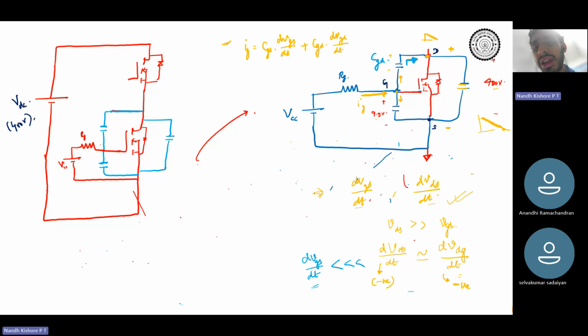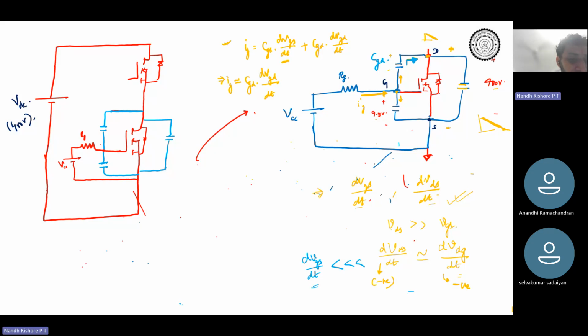Now we told that dVGS by dt is very small compared to dVGD by dt because the drain source voltage is falling, which is at a very high potential. Therefore, I can approximate this as IG almost equal to CGD into dVGD by dt. Do you understand this?